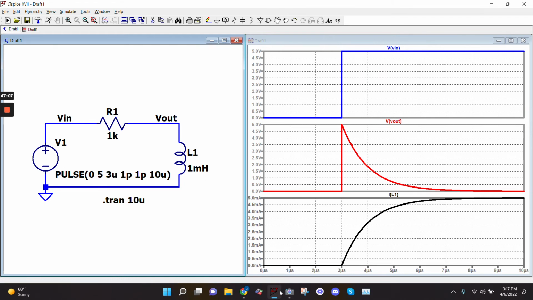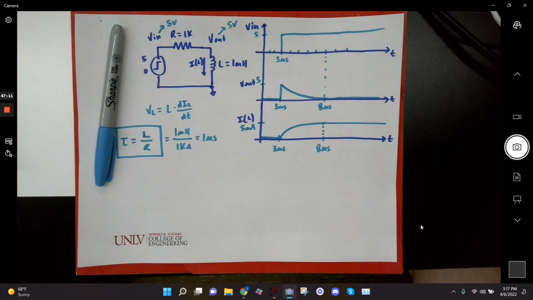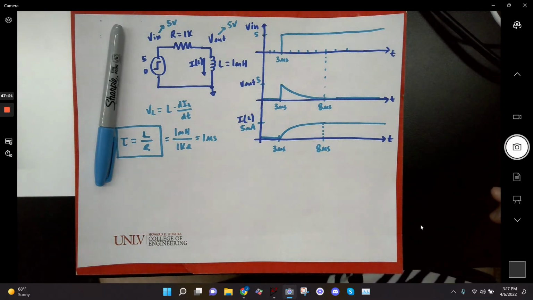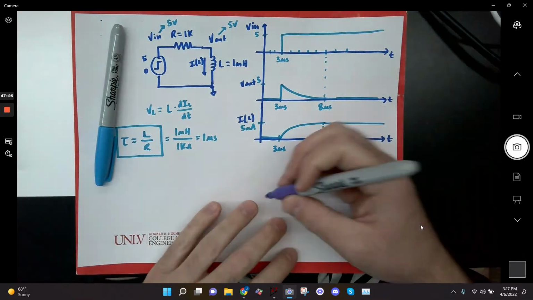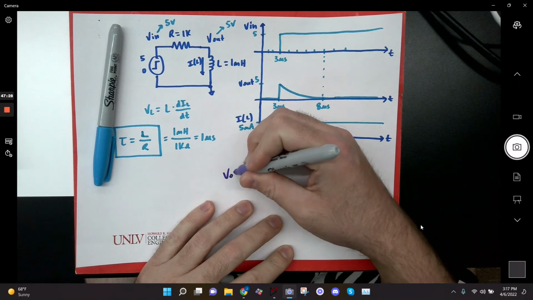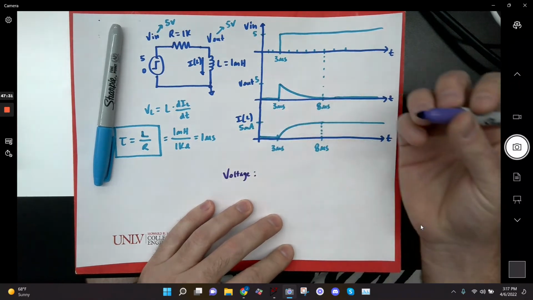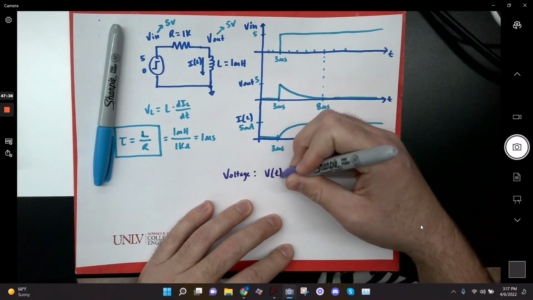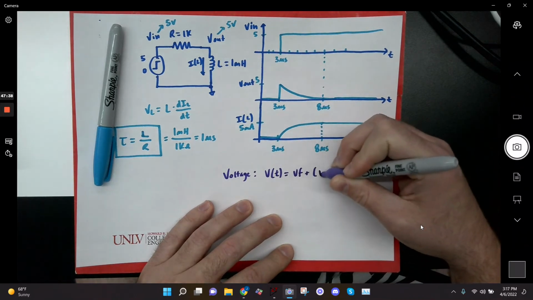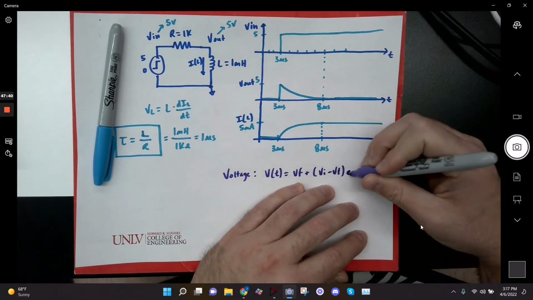I want to note that the first-order equation is going to be your best friend because it works for voltages and currents in capacitors and inductors. I'm not going to rederive it for all four of those cases, but in general, for voltage, whether it's an inductor or a capacitor, you can use V of t equals V final plus V initial minus V final, times e to the minus t over tau.